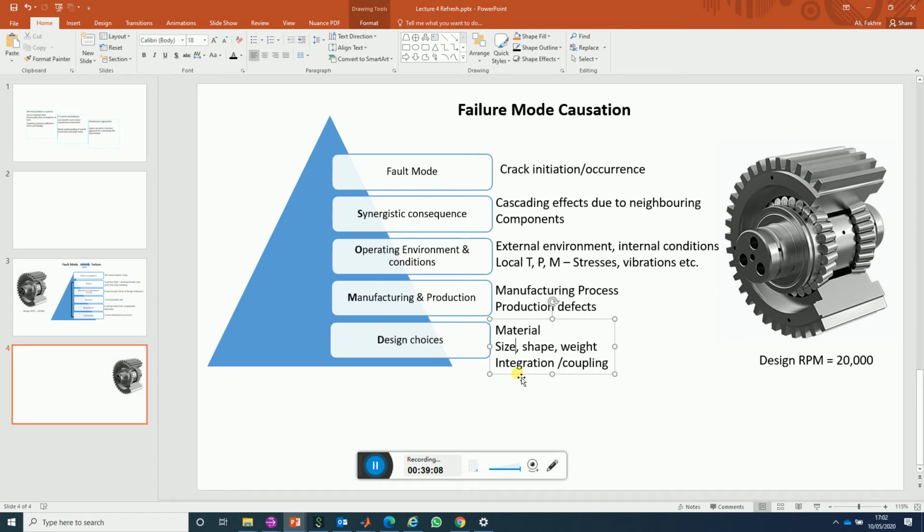Okay, is the bearing even designed properly? Its shape is appropriate as well. But is the integration with the other neighboring systems appropriate? How have you installed this bearing and coupled it with other bearings to form this whole annular bearing cross section?